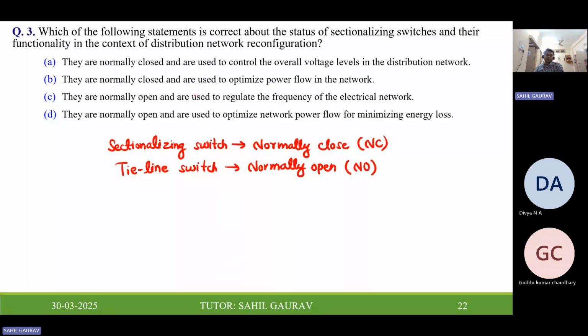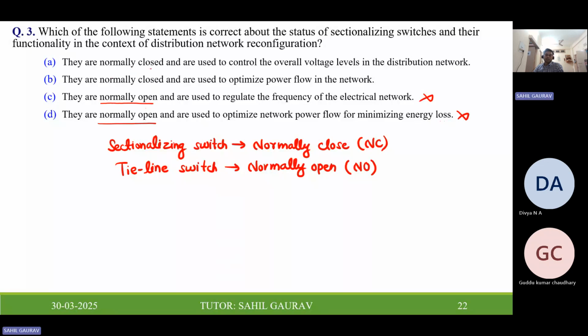If you see the options, they are telling normally open. So from the options, you can first separate these two: options C and D, where they say these are of normally open type. Now there are two options where they say these are of normally closed type.